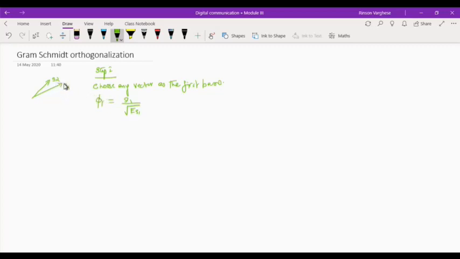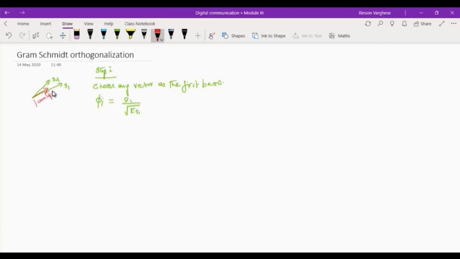Here I have chosen s1 as the first basis, normalized with its energy. So what is phi 1 then? Phi 1 is a vector which has the same direction as s1. Phi 1 is s1 itself, but the length of this vector is unity. So it is the same vector with length unity.